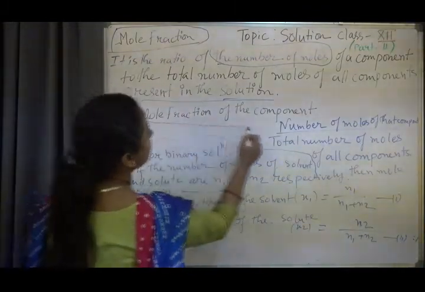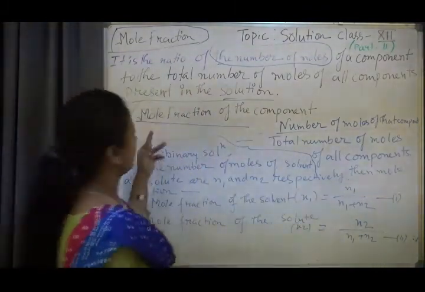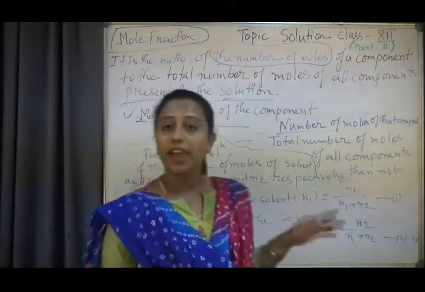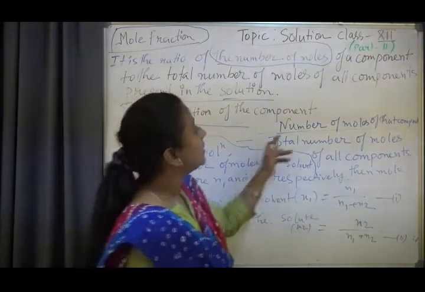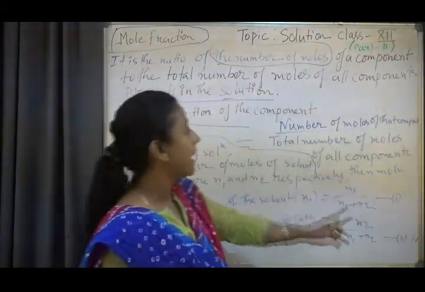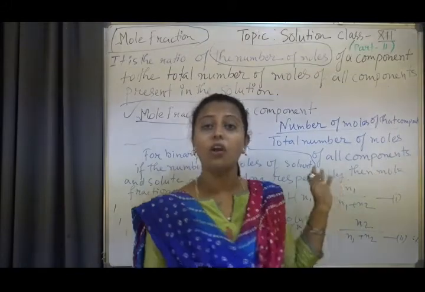So how can you denote this mole fraction? The mole fraction of a component can be given in mathematical representation: the number of moles of that component divided by the total number of moles of all the components present.